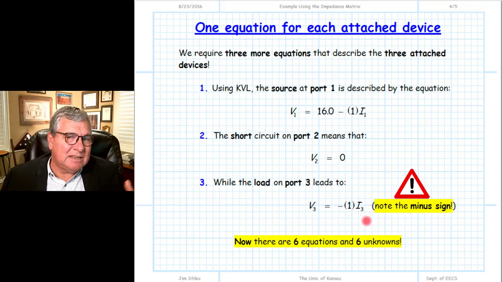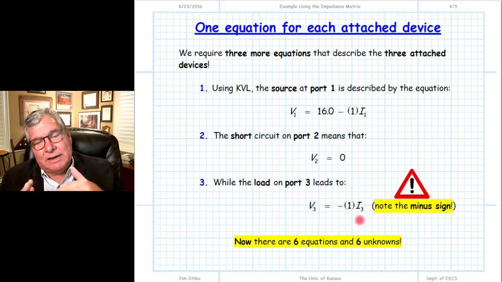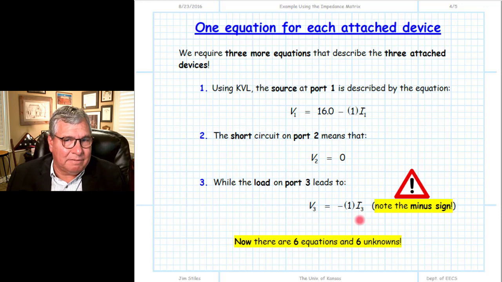If we write this in terms of Ohm's law, we might say, VR is equal to 1 times IR, VR being the voltage across the 1 ohm resistor, and IR being the current through it. But in that case, we'd write the normal Ohm's law notation, where positive current is defined as going into the plus terminal of that resistor.